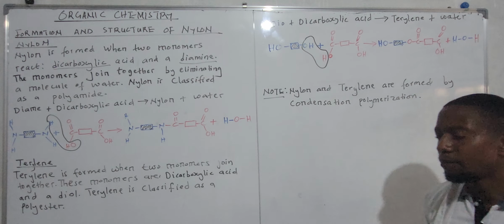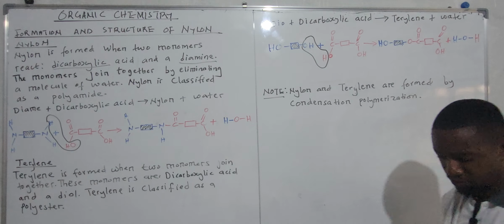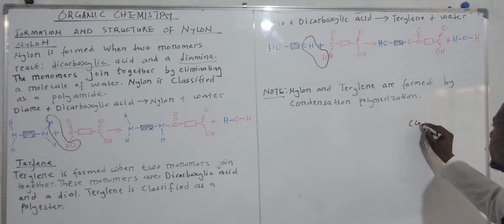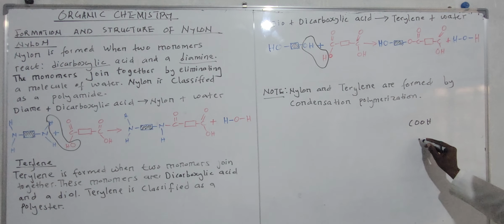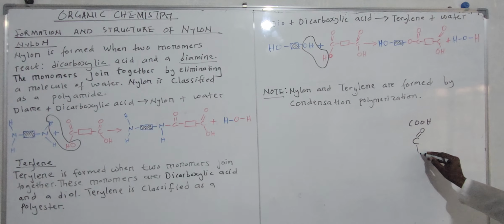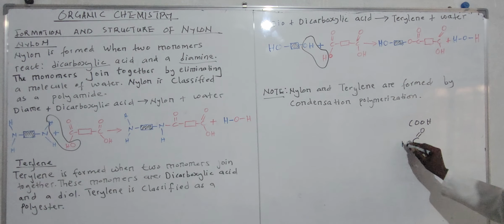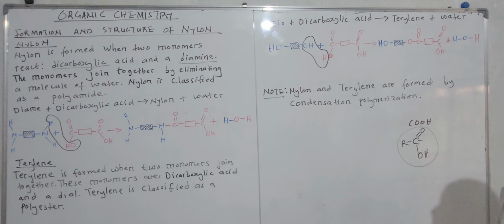Remember, a carboxylic acid has a functional group called a carboxyl group. Structure-wise, the carboxyl group is written like this, then you have the OH. For it to be a dicarboxylic acid, it needs to have two of these functional groups.